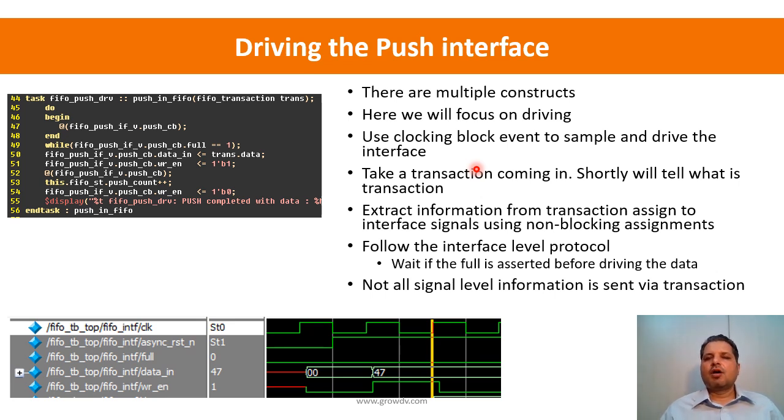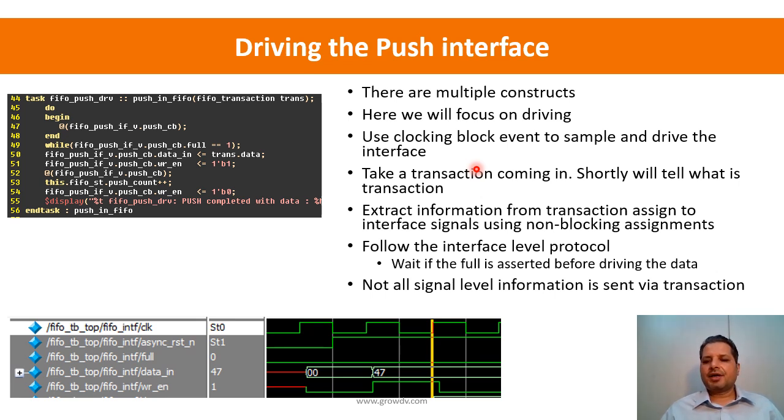If you remember, we are going to start implementing a push driver. I understand that you might not know where this push driver is sitting and how it is being connected to the interface. We will come to that point. Just hold that thought.